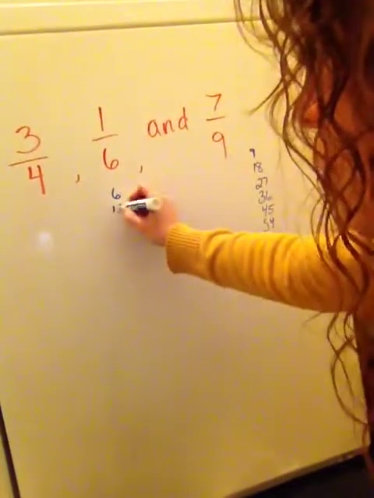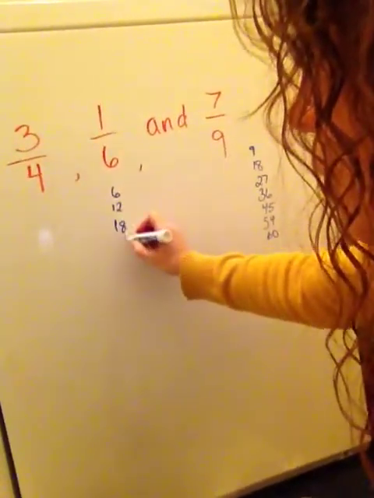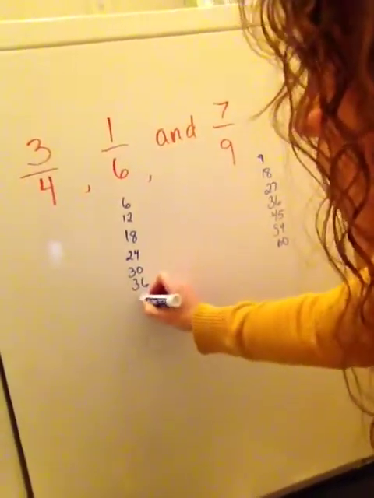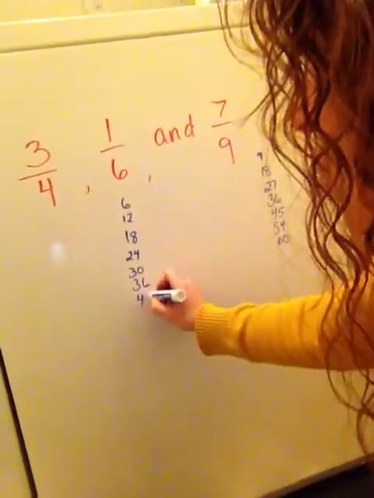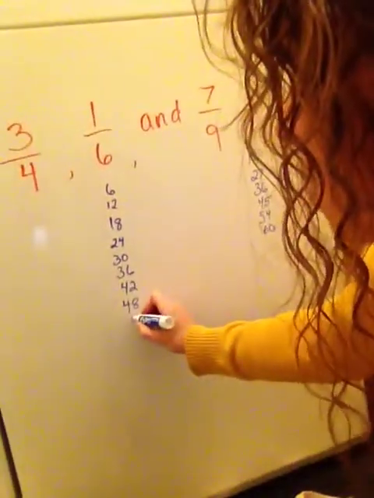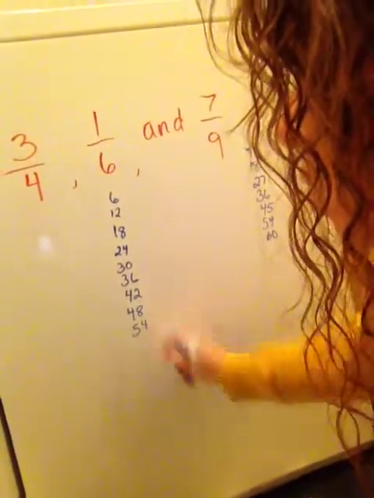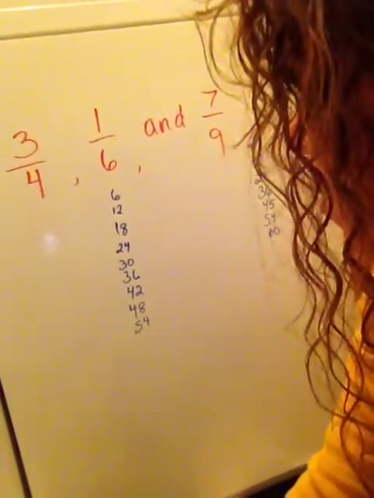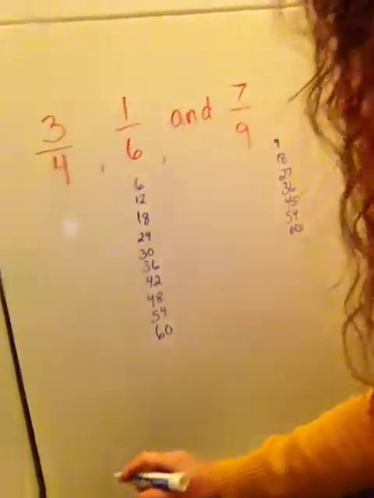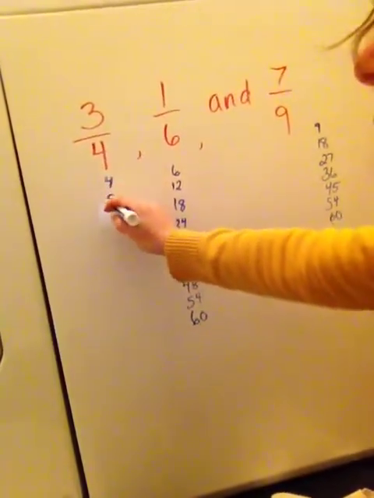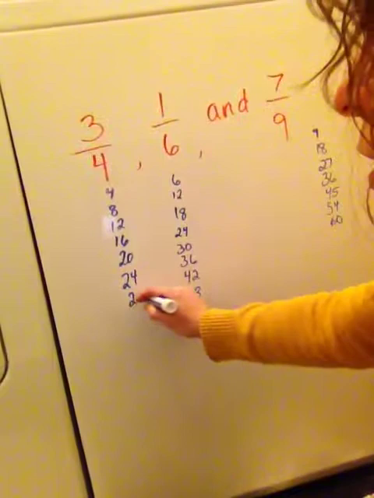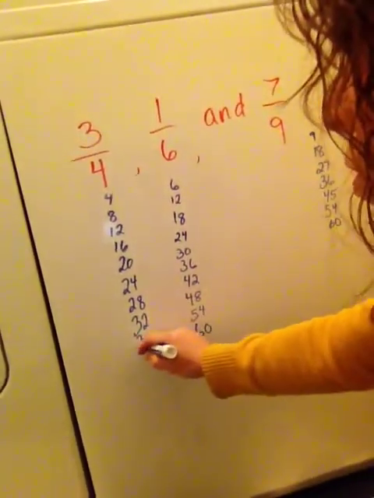These guys will be 6, 12, 18, 24, 30, 36, 42, 48, and I'm probably going to have to keep going, 54, yes, 54, and 60, we'll stop there. 4, 8, 12, 16, 20, 24, 28, 32, 36.